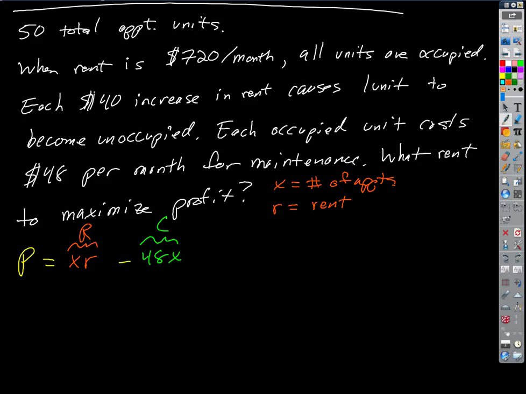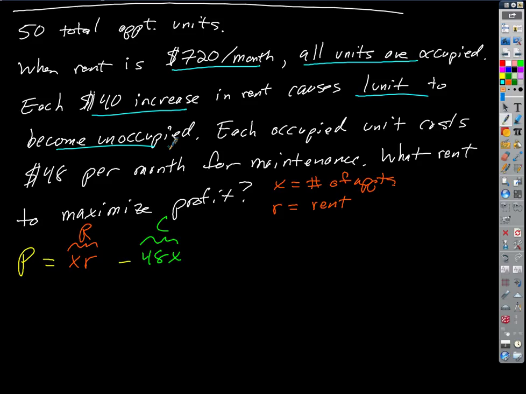Oh, each $40, okay, so we know two things then, don't we? For $720 a month, all units are occupied. $40 increase, one unit unoccupied. Okay, so this is linear, isn't it?